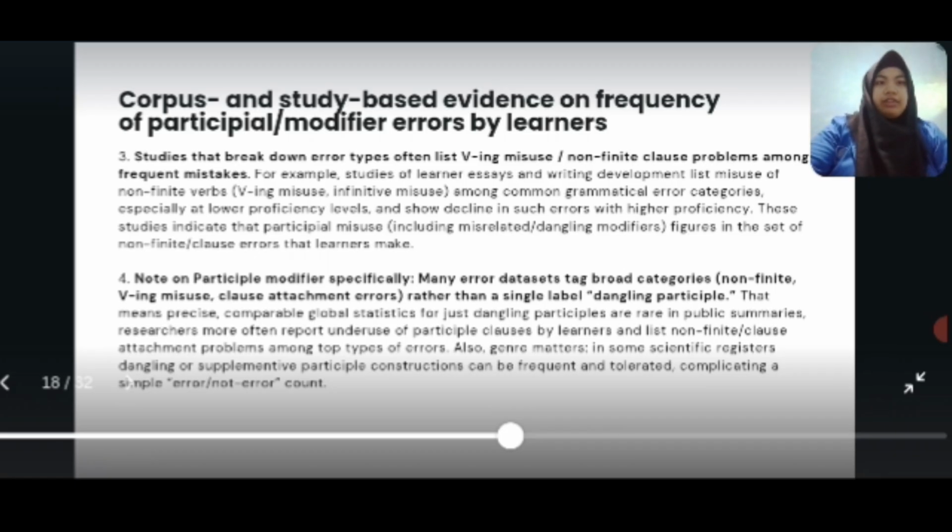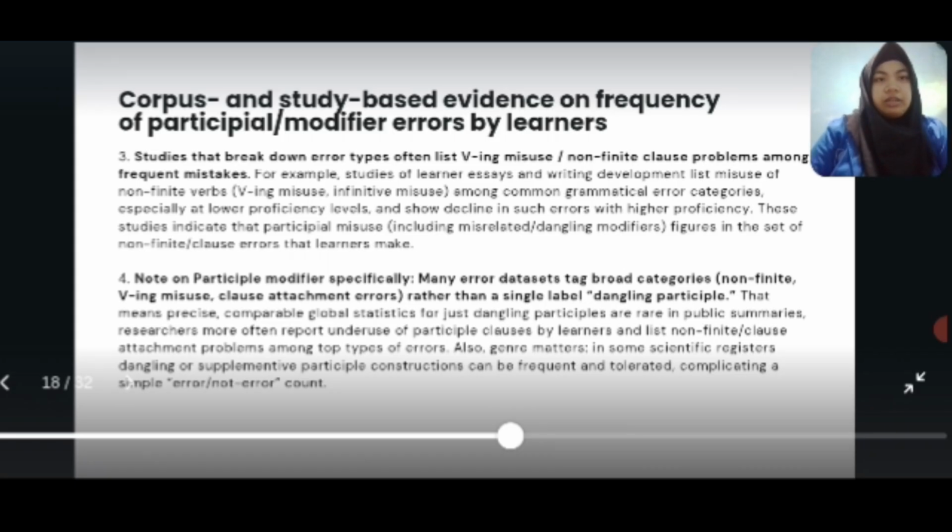Studies that break down error types often list verb-ing misuse or non-finite clause problems among frequent mistakes. For example, studies of learners' essays and writing development list misuse of non-finite verbs, verb-ing misuse, and infinitive misuse among common grammatical error categories, especially at lower proficiency levels, and show a decline in such errors with higher proficiency.